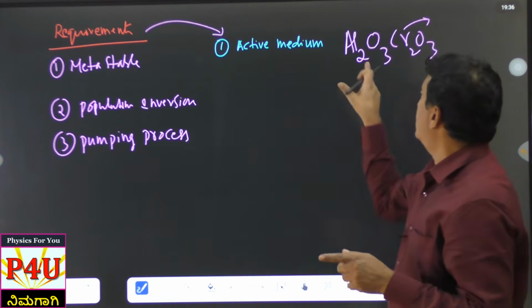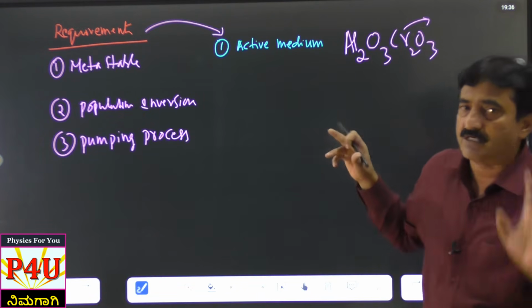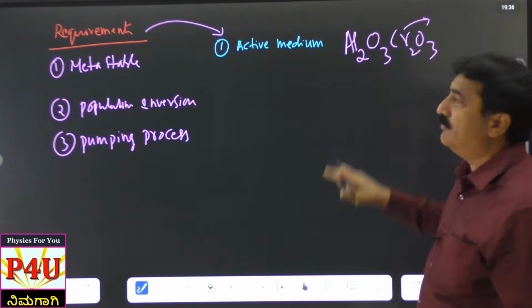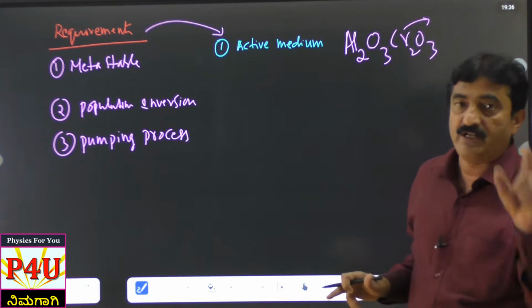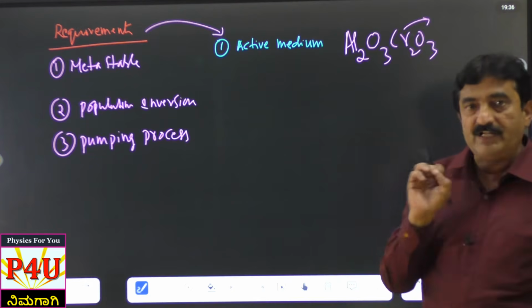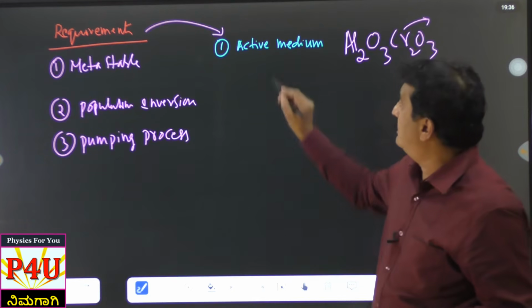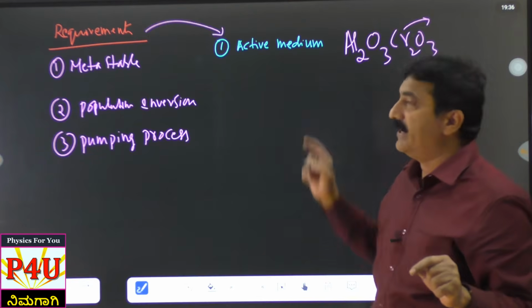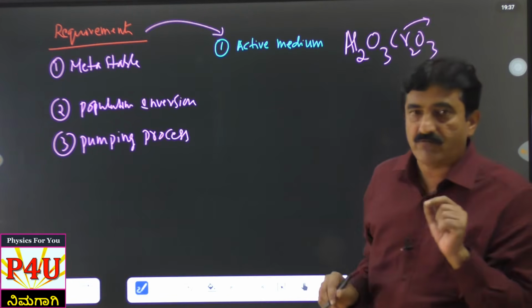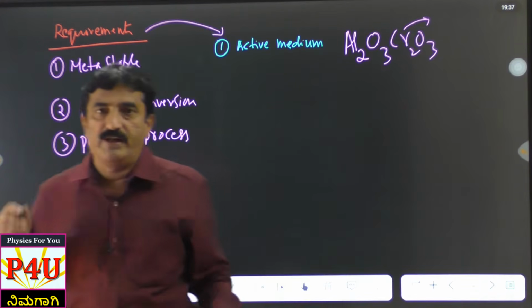So here, if you just take aluminum, it is not sufficient. Aluminum along with chromium is suitable for lasing action. So I call chromium the active medium. So the first requirement is availability of metastable state in a material. That material is called the active medium. So the active medium is required. Understood?